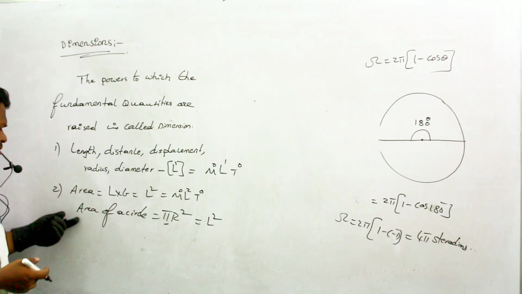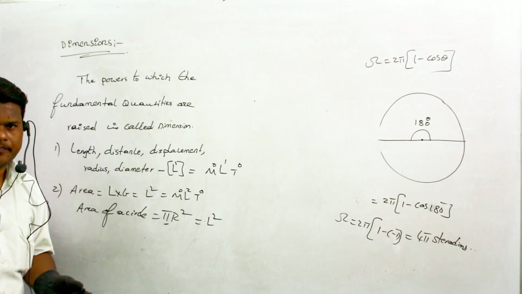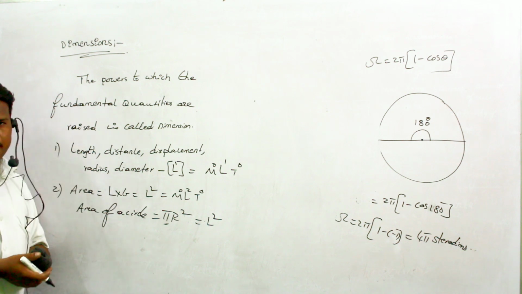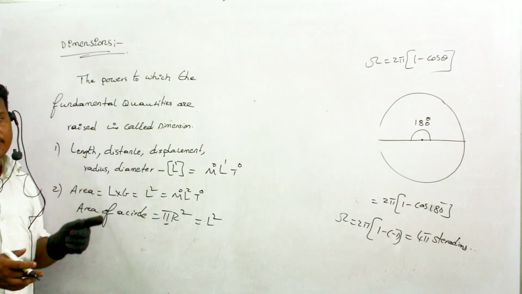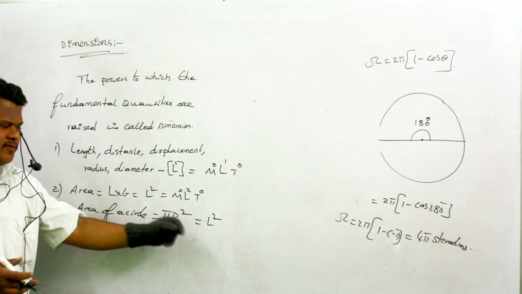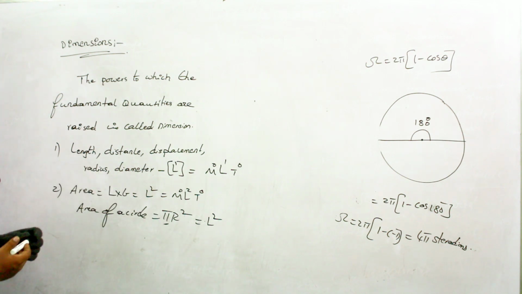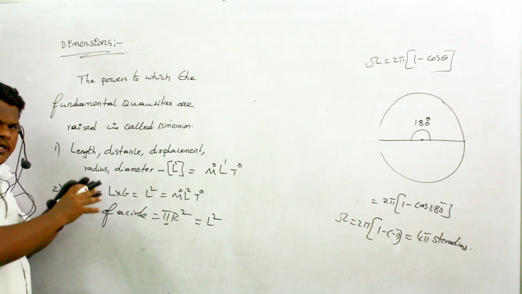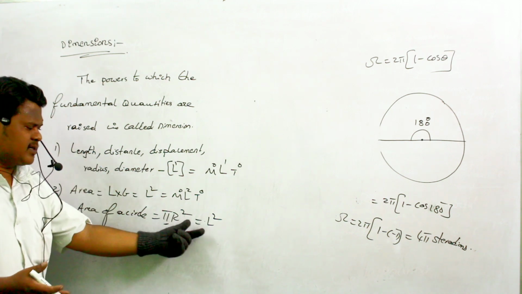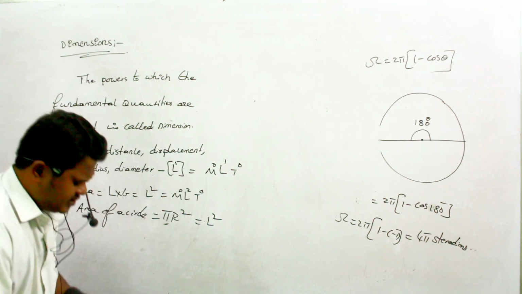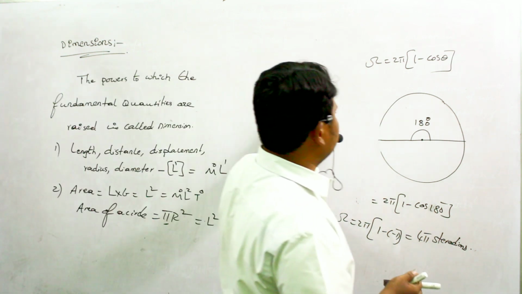Similarly, if you take the surface area of a sphere, then it is equal to 4 pi r square, and 4 pi is a constant. Again, the surface area of a sphere has a dimension of L square. So therefore we can say any type of area will always have a dimension of L square. Similarly, let us have a discussion on volume.